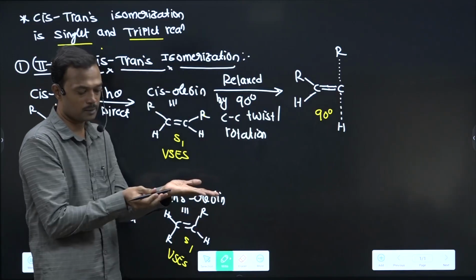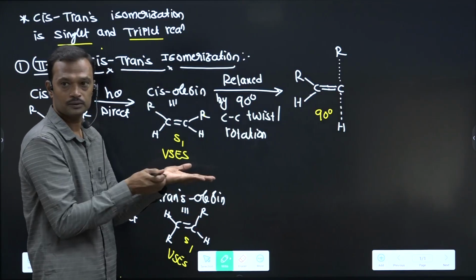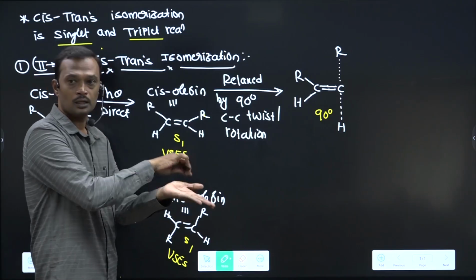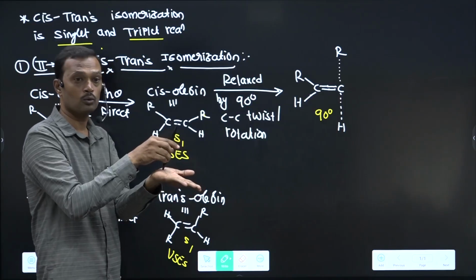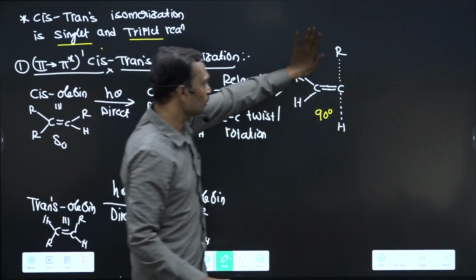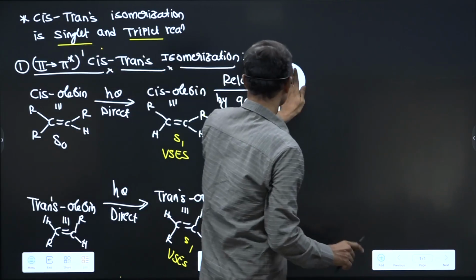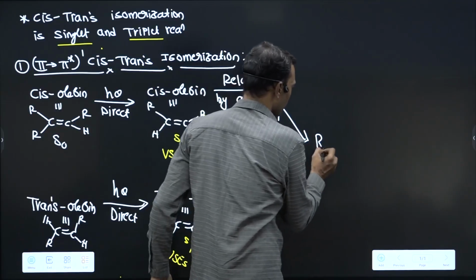Two methyls are initially cis, same side. Now in this case, two methyls are on opposite sides. But in this one, one methyl is on the right side, the other methyl above. What is the angle between these two? 90.